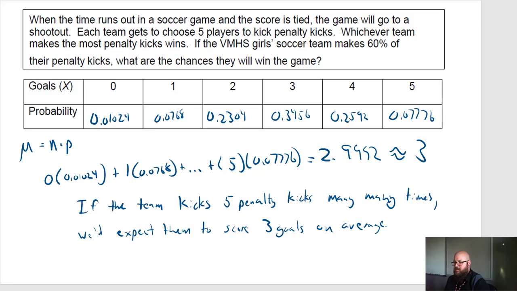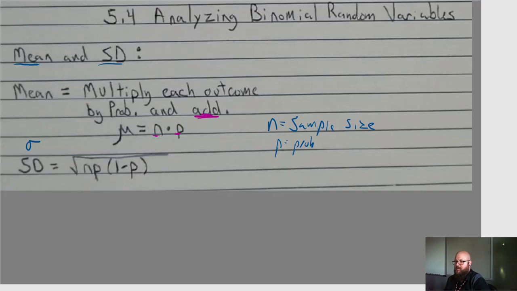In that sample problem, we came out with 3. And then to find your standard deviation, you're taking the square root of the sample size times your probability times 1 minus your probability. That came out with our standard deviation. So those 2 equations are important to look at and learn from.